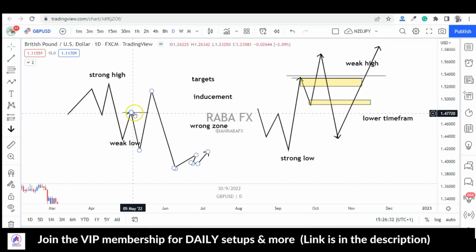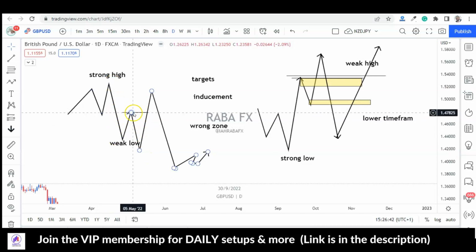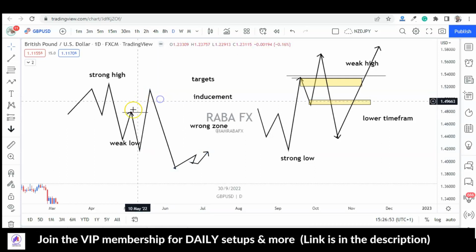It's also a weak high, not a strong high, even though it broke structure, because it did not meet the two criteria by taking a form of what? Liquidity. If it takes liquidity, I can bet 80% of the time that this high will stay, even though it's in the wrong zone, but most of the time it does not.